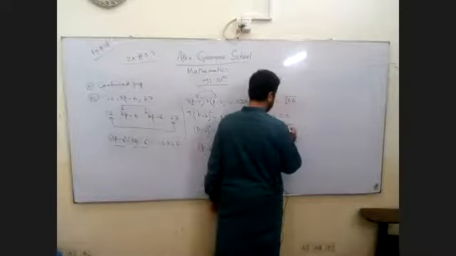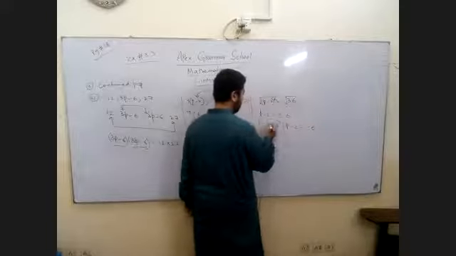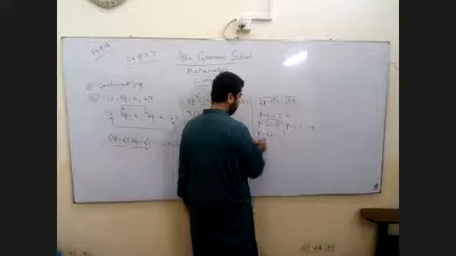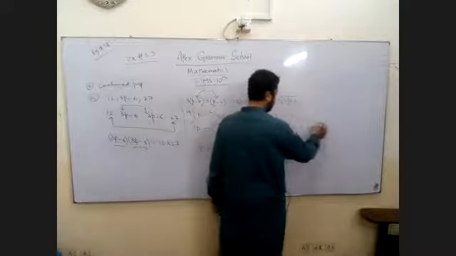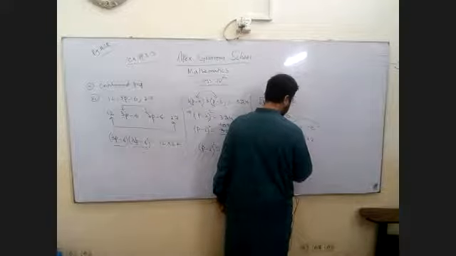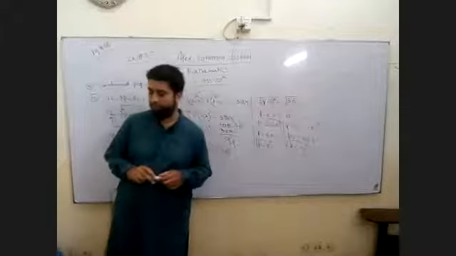And then p minus 2 is equal to negative 6. This minus 2 will be there. So p is equal to 8. This minus 2 will be here. So the values of p are 8 and minus 4.